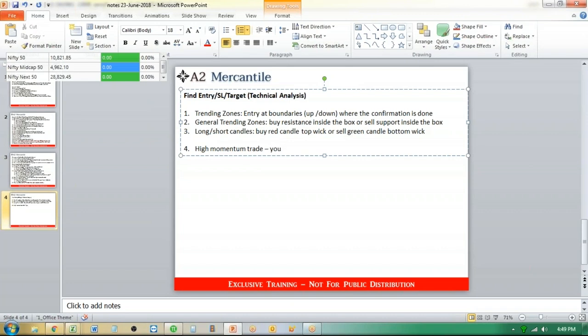You will sell the second box lower end, or you will buy the second box upper end.